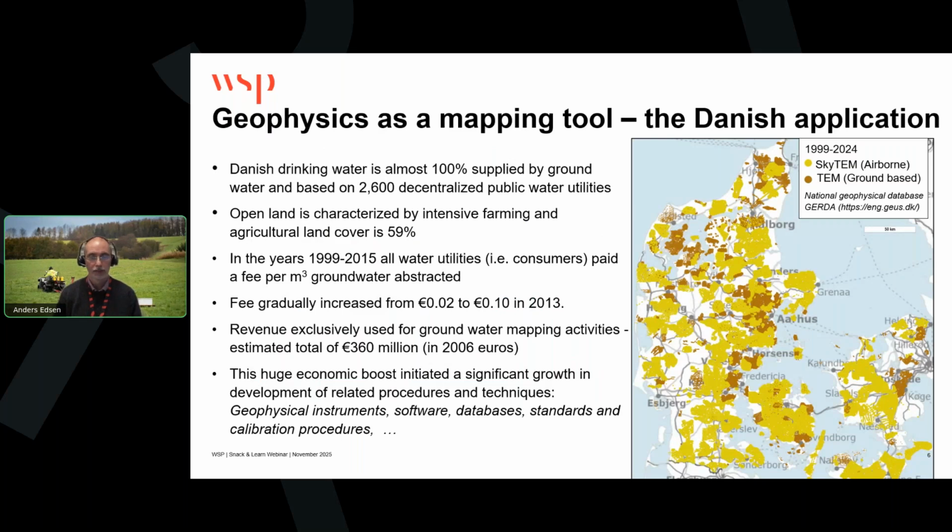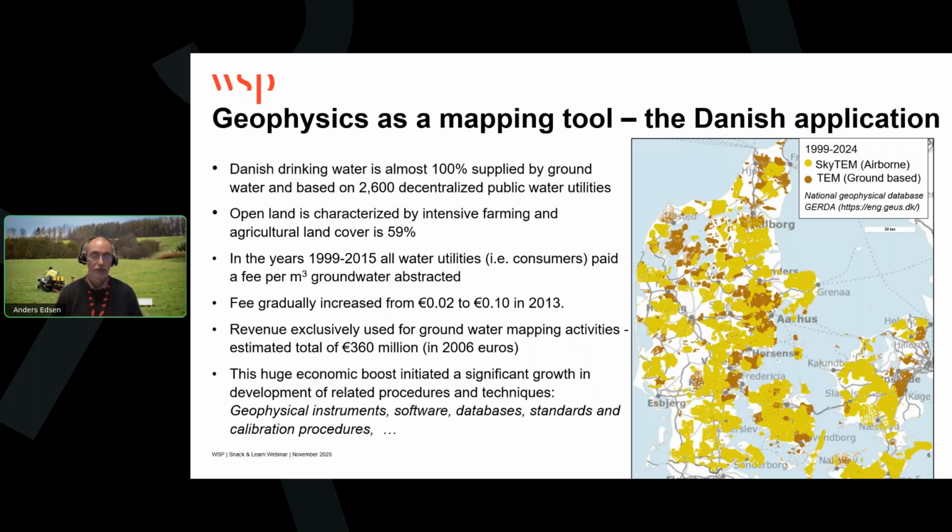On top of that, open land is really characterized by intensive farming, and agricultural land covers about 59% of the total land. And that, of course, comes with intensive farming with chemicals used on the surface, and there is a risk of those chemical substances reaching the groundwater resource.